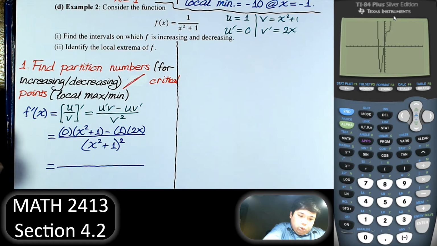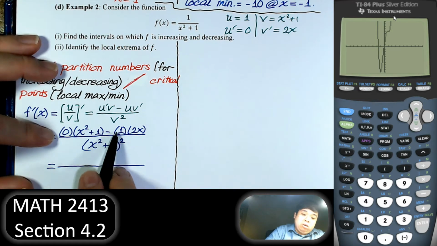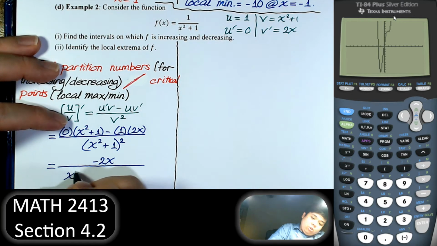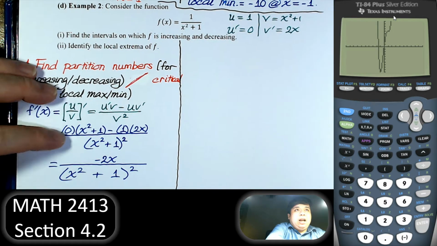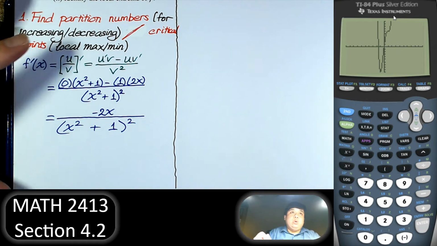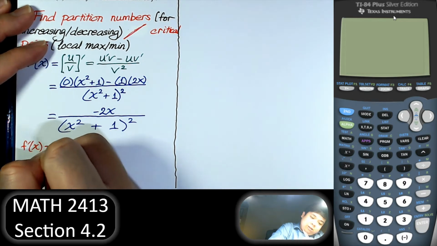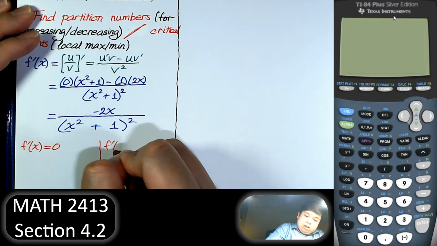Right, so do this and we have 0 times anything is 0, negative 2x on top, and the bottom is x squared plus 1, squared. So that is the derivative. Now, once we have the derivative, to find partition numbers or critical points, we find where the derivative equals 0 or does not exist.